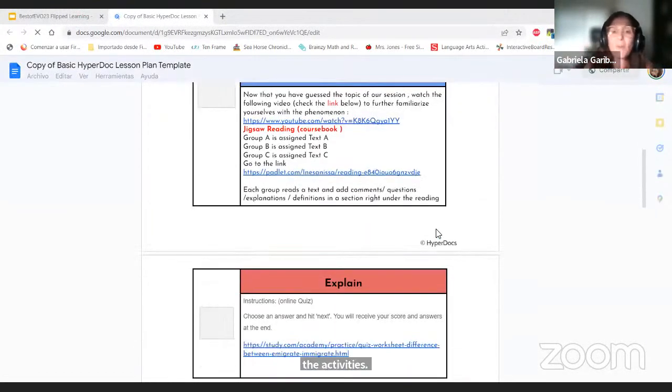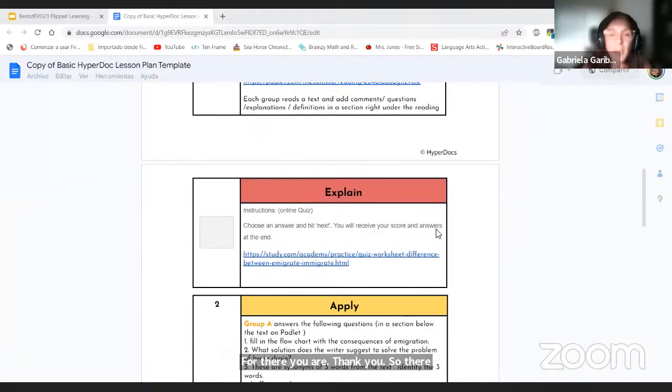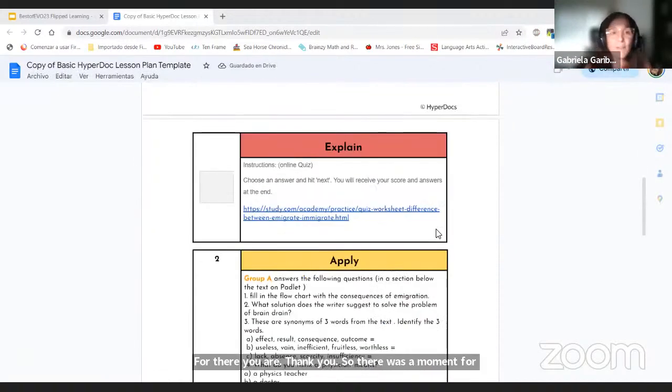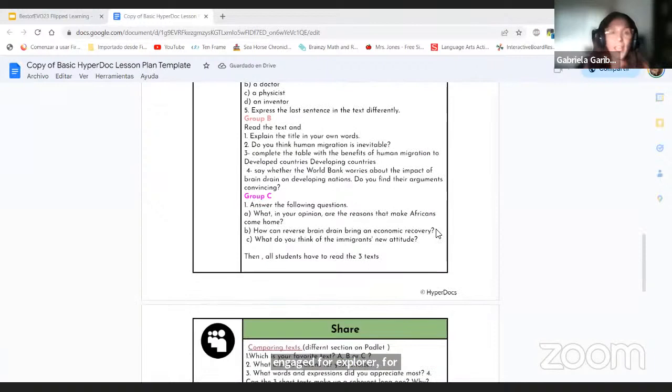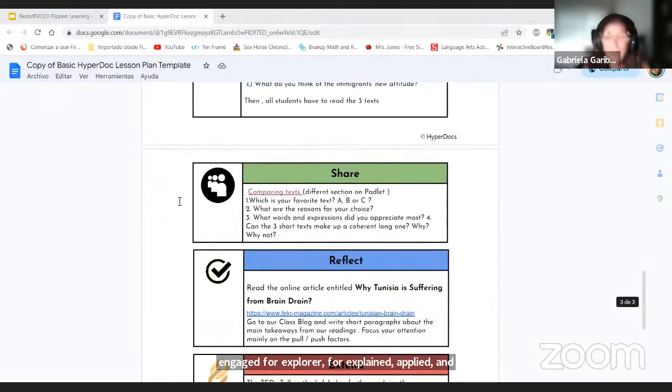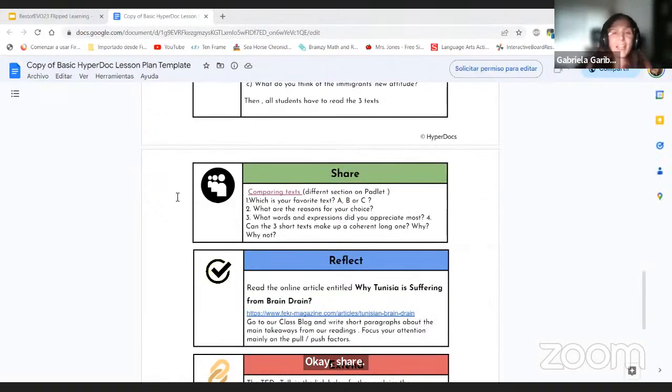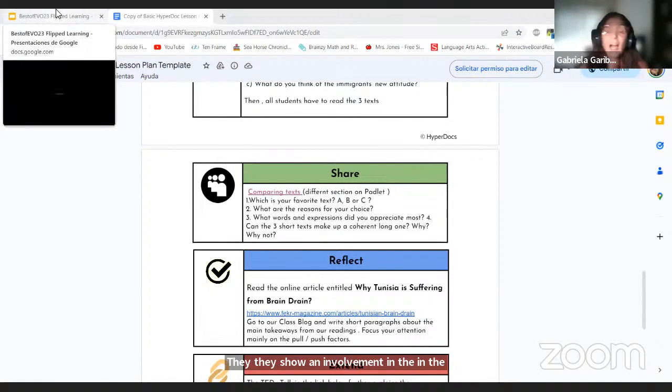There was a moment to engage, explore, explain, apply, and finally evaluate, share, and reflect on their activities. They were very creative. They showed involvement in the activities and how they thought about the sequence of activities they wanted to present to their students.